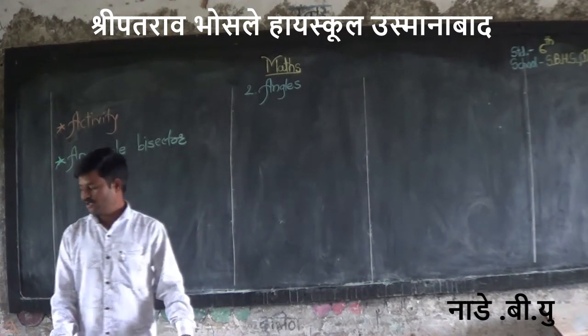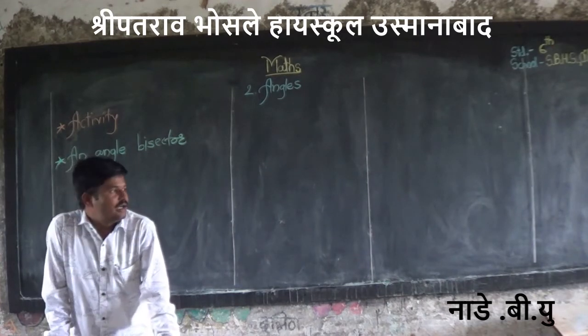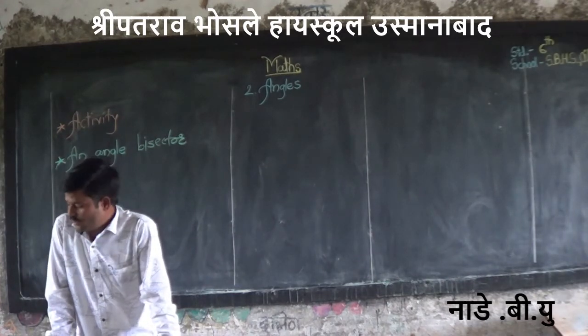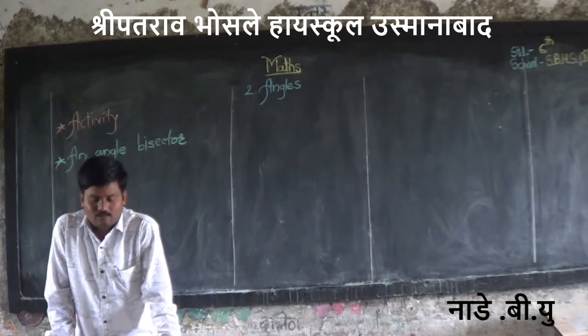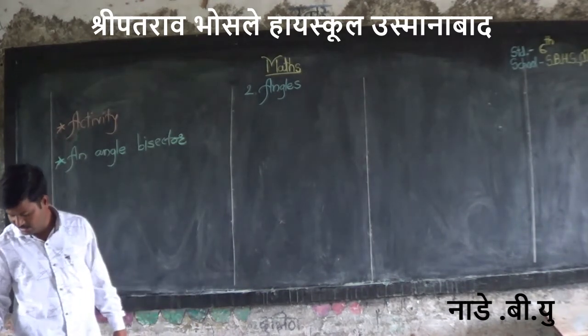Now we see how to draw an angle bisector using the compass. Now we see the next point.